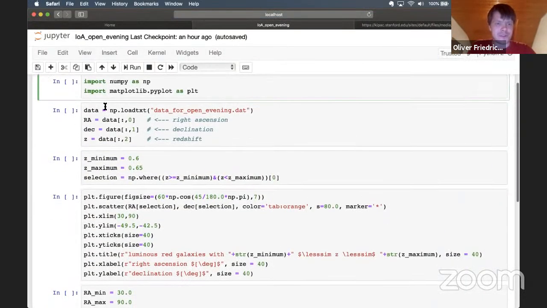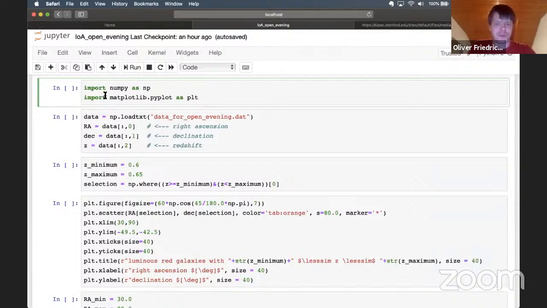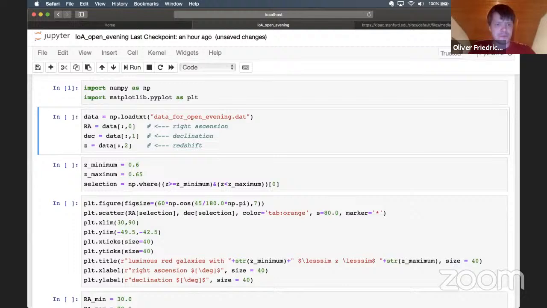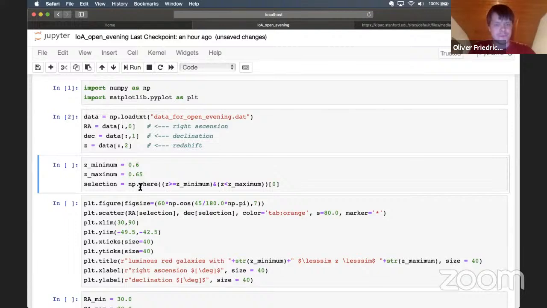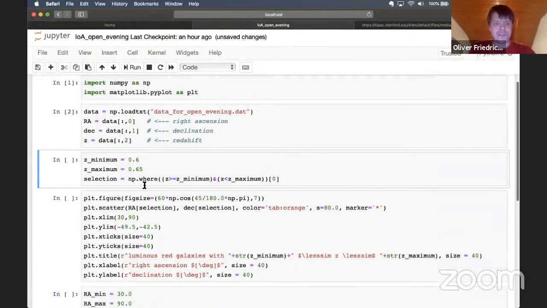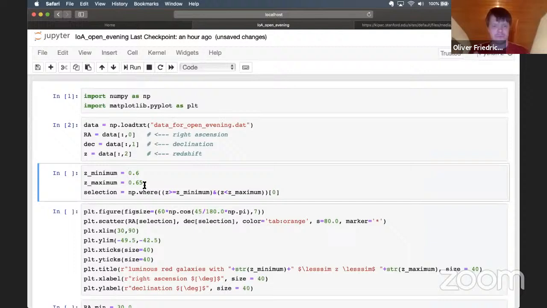So this would just be a tiny bit of computer code written to load this kind of data. So let's load in the data file. Then let's choose a certain range of redshifts to single out galaxies in that range.